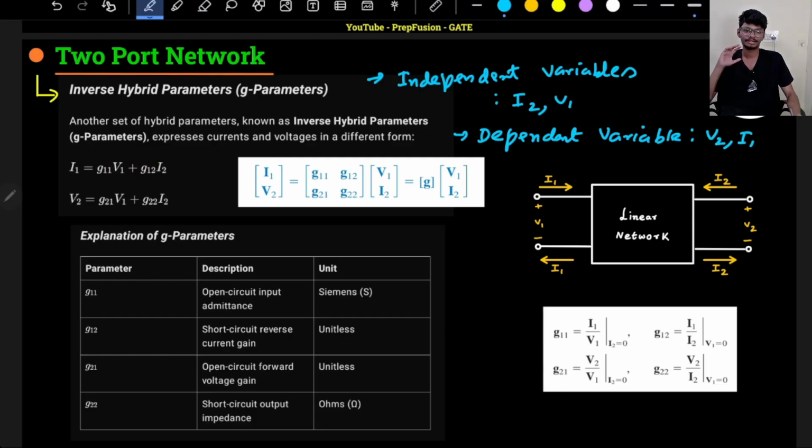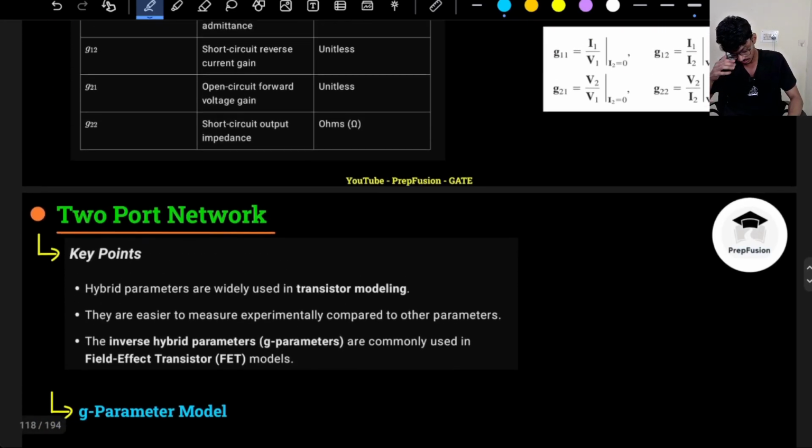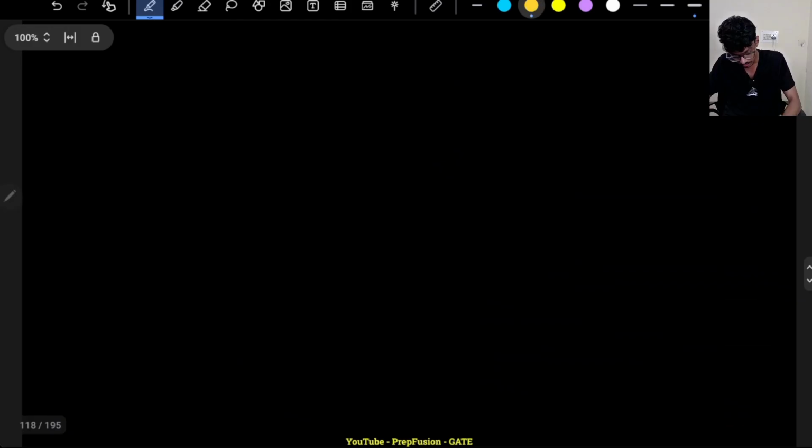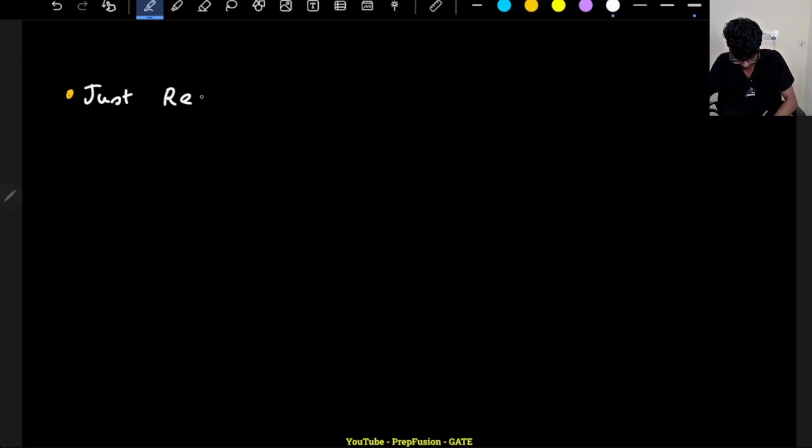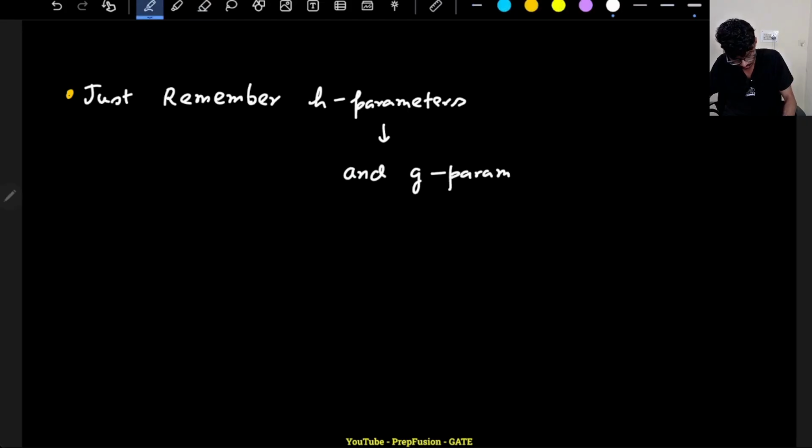Okay, so how to remember? No need to remember. I will say here a key point: just remember H parameters and G parameters will be opposite.